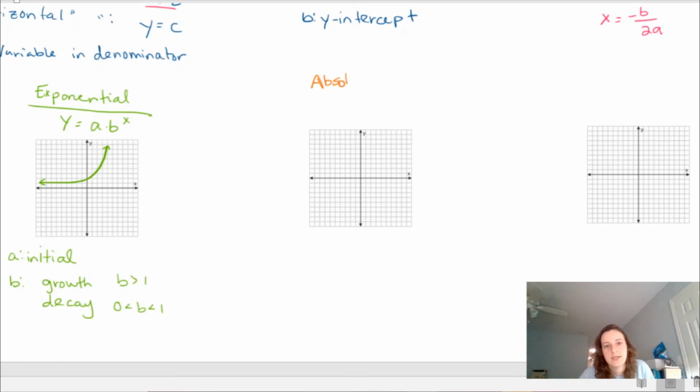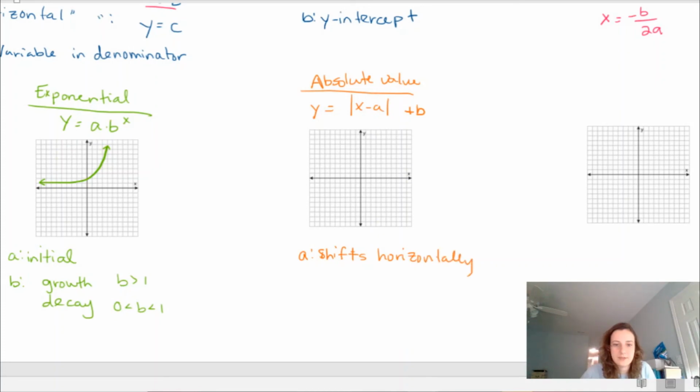All right, then we talked about, how about orange now, absolute value functions. Remember those? What do you think is going to have absolute value symbols? So y is equal to the absolute value of x minus a, plus b, where the a value shifts it horizontally, which means left or right, and that b value is going to shift it up or down vertically.